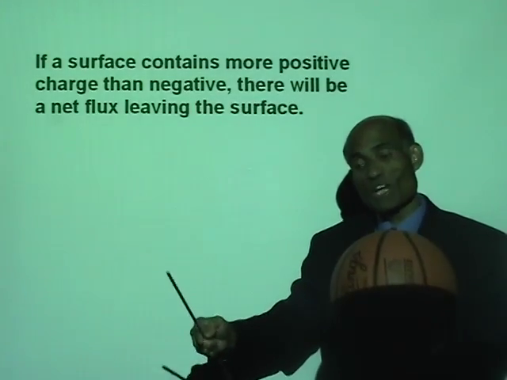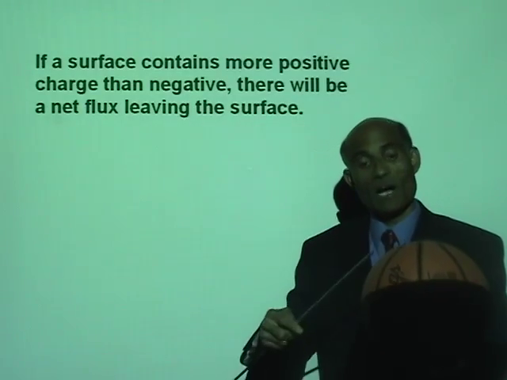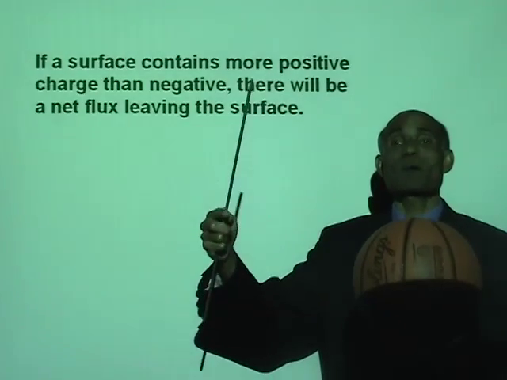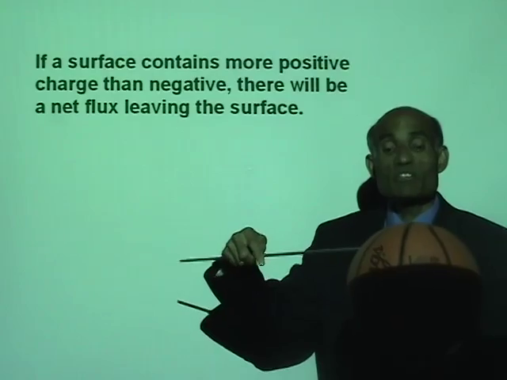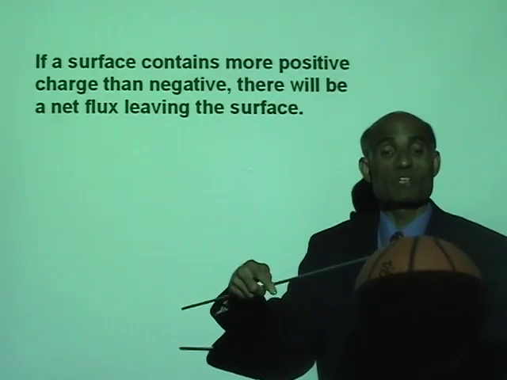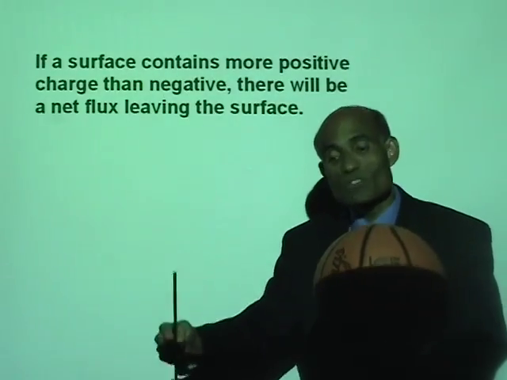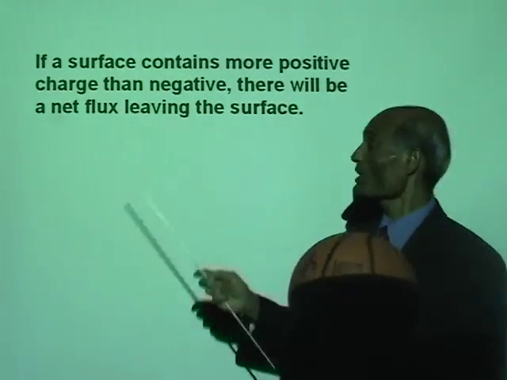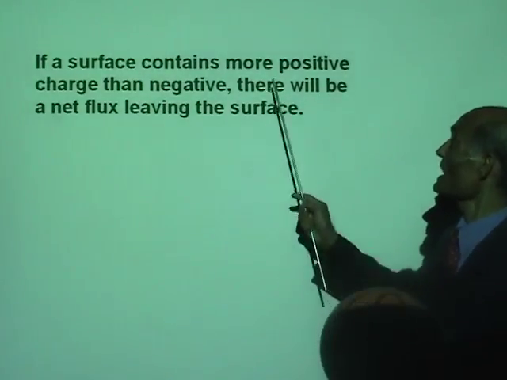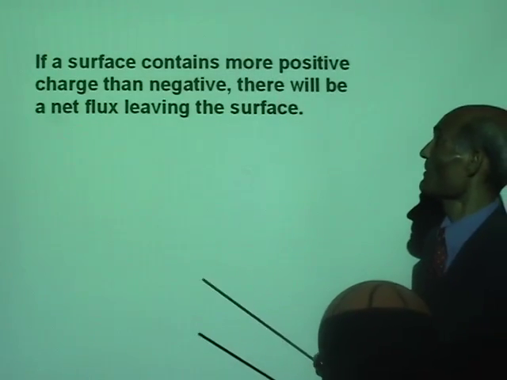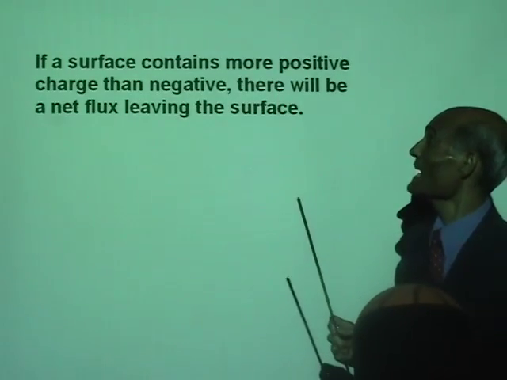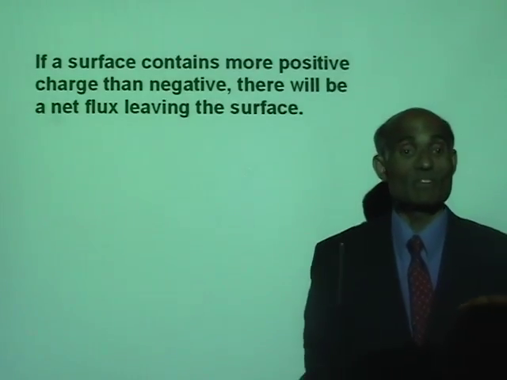Remember, there will be lines of force going in and there will be lines of force coming out. If the net charge inside is positive, then the number leaving the surface will be greater than the number going in. That's what this means. If a surface contains more positive charge than negative, there will be a net flux leaving the surface.